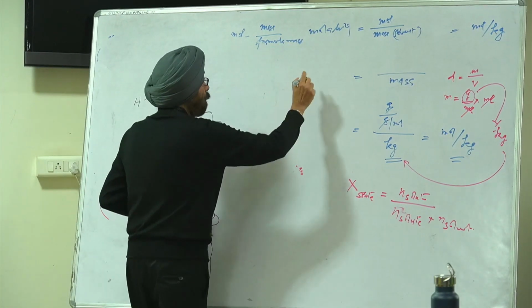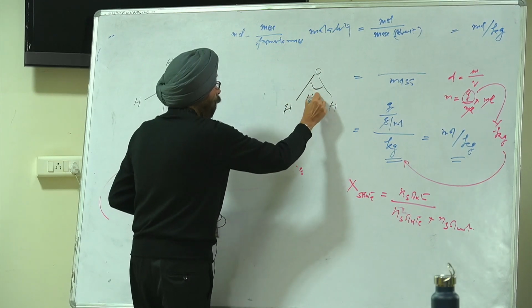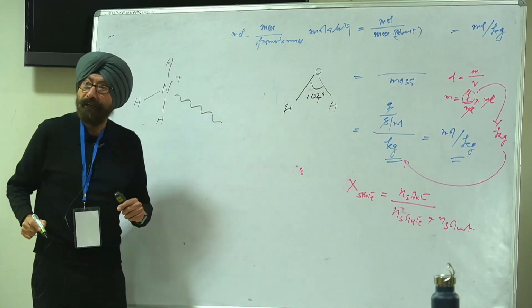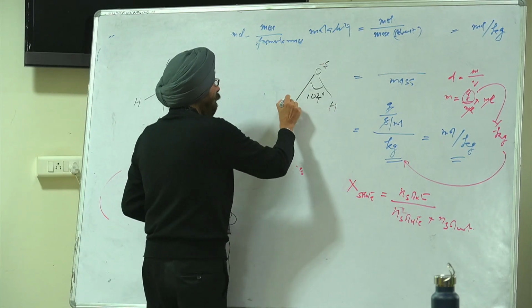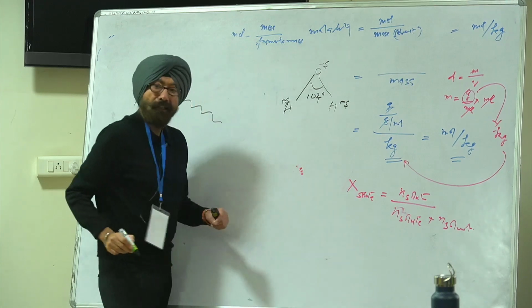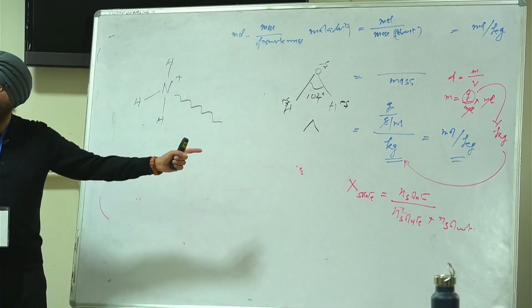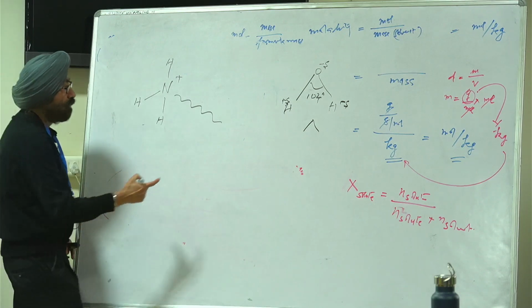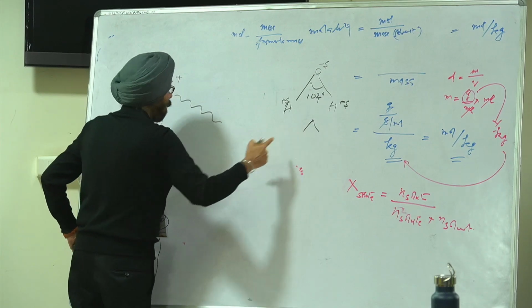now if somebody asks you, this is the Lewis structure of water. 104 is the angle, right? And it's a dipole, partial negative charge, partial positive charge, and we can simply depict it by this kind of a cap, right? So it means that this is the electronegative end of the dipole and this is the electropositive end.